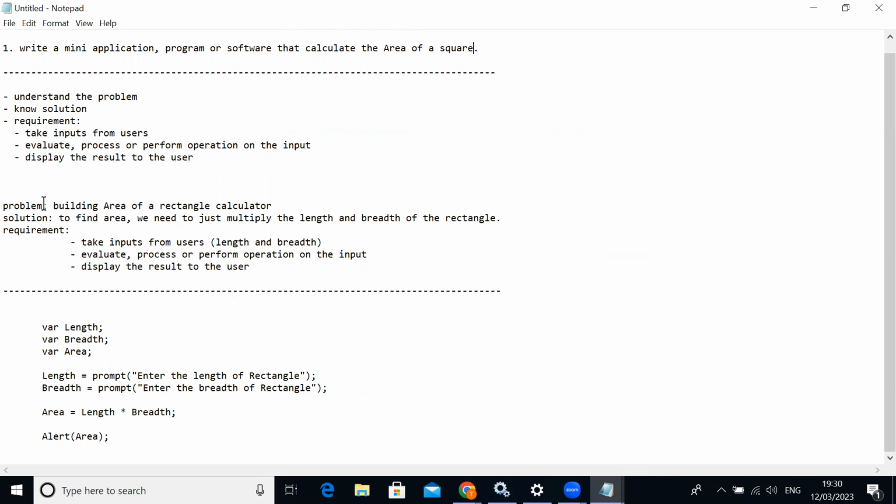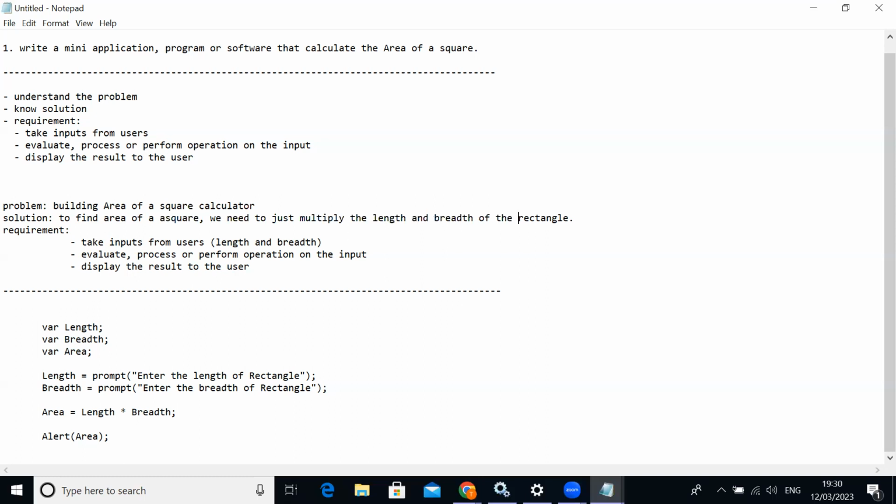So we have to understand the problem. The problem is building an area of a square calculator. This time it's a square calculator, not a rectangle. And the solution: how do we find the area of a square?